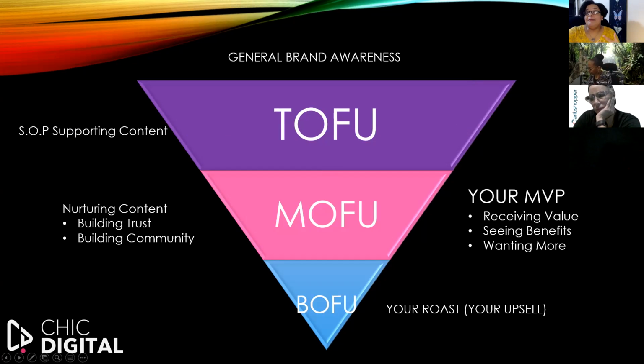In the mid-funnel section, you're now creating nurturing content. You're aiming to build trust. You're aiming to build community. Your MVP falls in the middle of the funnel because at this point, your ideal client, they receive value, they see immediate benefits, and they want more from you, okay?